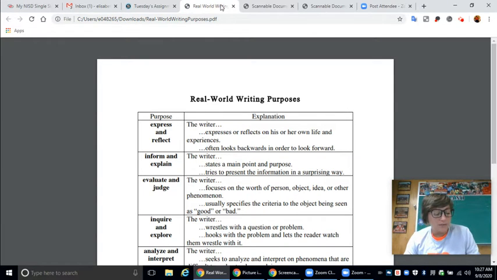For me in algebra, I didn't get it. I was like, why do we have to learn this? Where are we going to use this in real life? I still don't know. However, you will use writing in your everyday life. So it's important that we work through the difficulties of writing and become better writers. I'm going to show you the real-world writing purposes today.